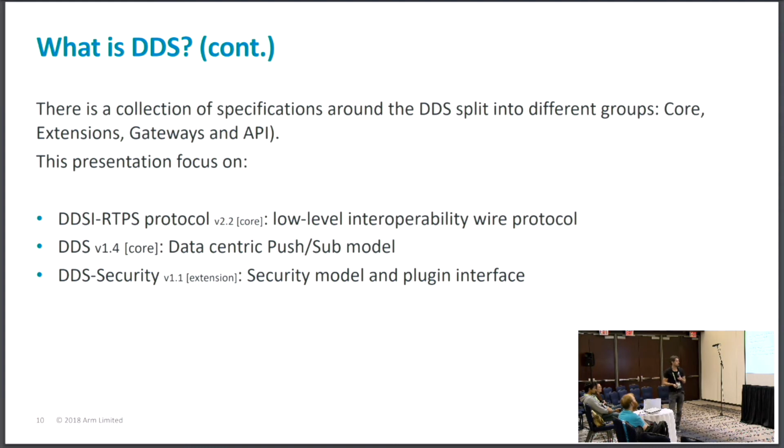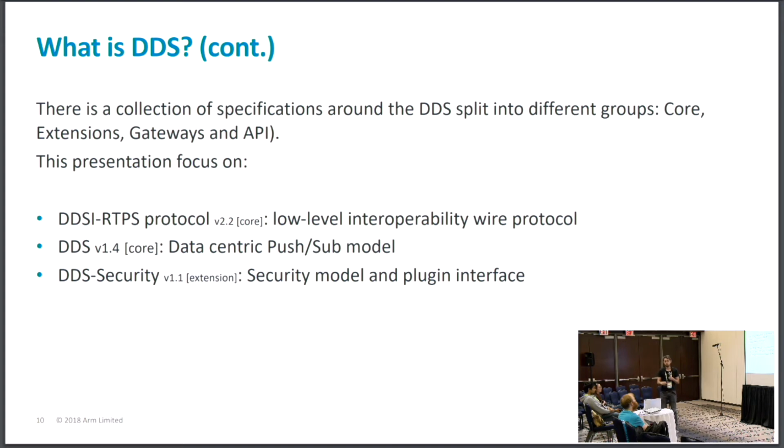Right, so it's a standard, but it's actually quite a lot of specifications to go through for the DDS. There are three main ones that we are using for our work, and these are the Fast-RTPS, which is the very low level. That specification is going to specify exactly how the packets are moved on the network, so you can have multiple vendors of DDS still participate on the same domain.